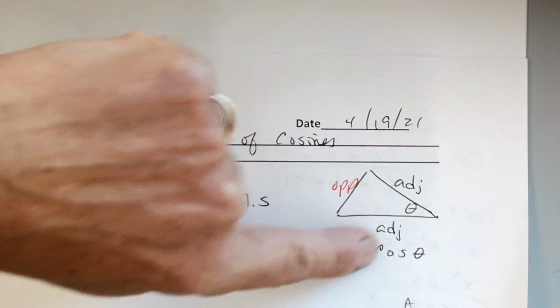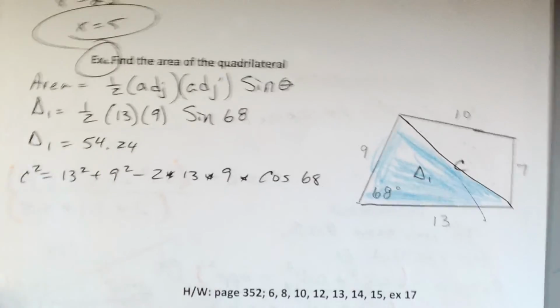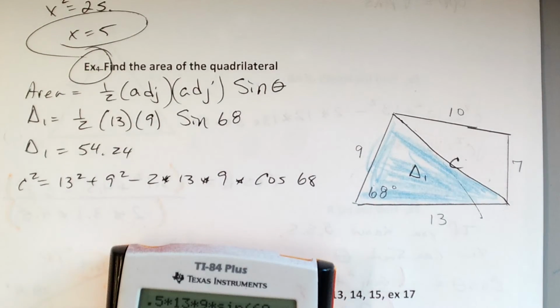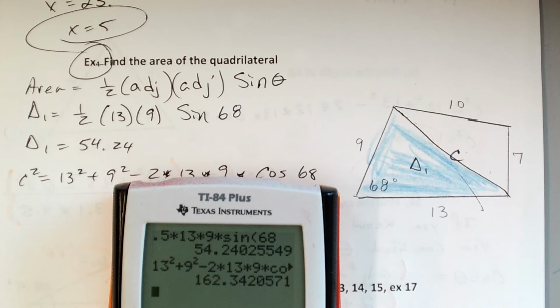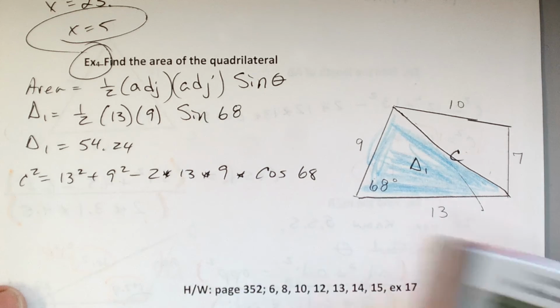So 13 squared plus 9 squared minus 2 times 13 times 9 times the cosine of 68, and I'll square root that answer. You guys okay? Square root that answer. So, about 12.74.